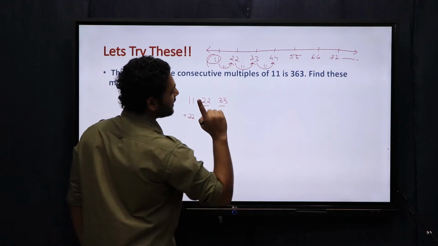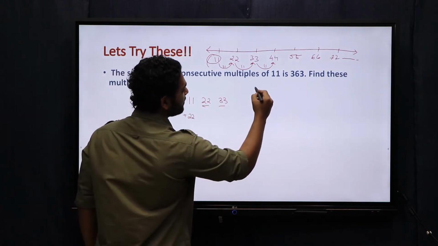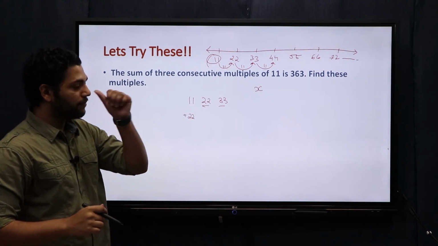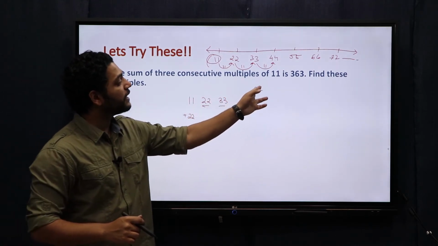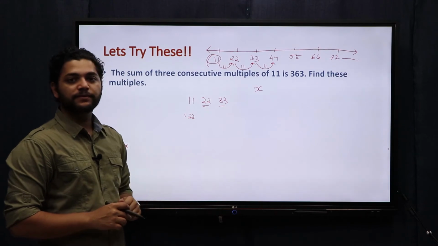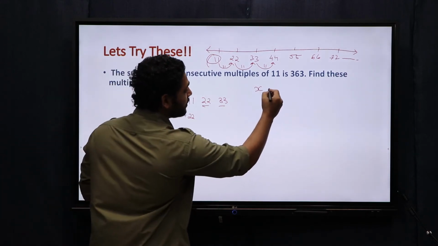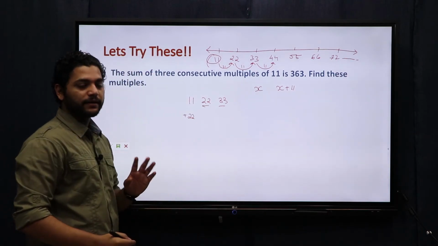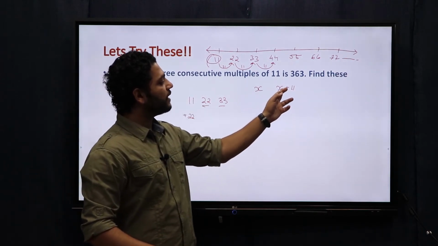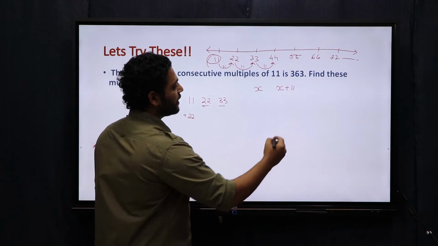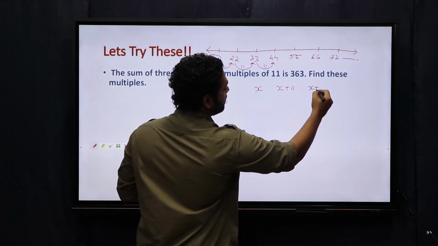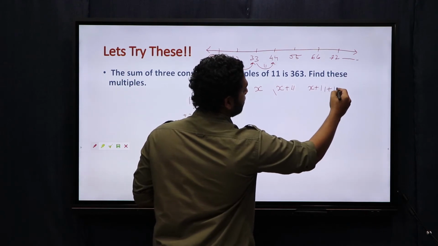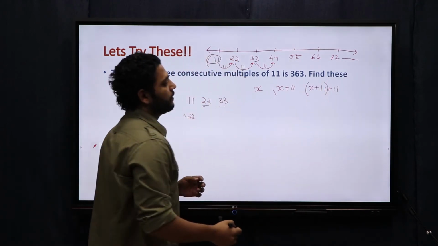I can simply write the first multiple of 11 as, let me assume it as x. What would be the second consecutive multiple, the immediate multiple of 11 after x? It has to be x plus 11, right? And which would be the immediate multiple after this? It would be this plus 11. So I can write it like this.